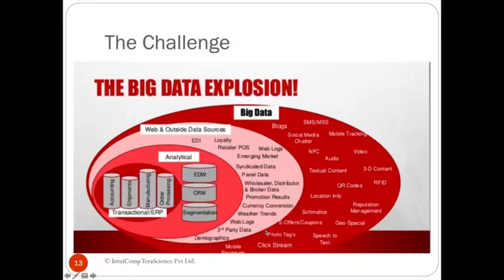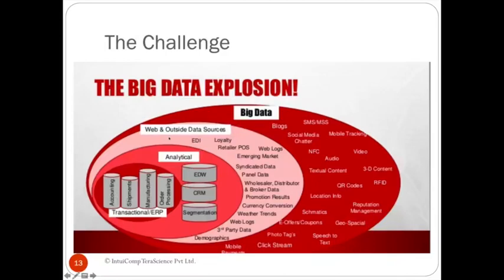What is the challenge? The big data explosion. We can see it at the transactional or ERP level, where accounting, shipments, manufacturing and order processing go on. Then it comes at the analytical level, where CRM and segmentation are done.